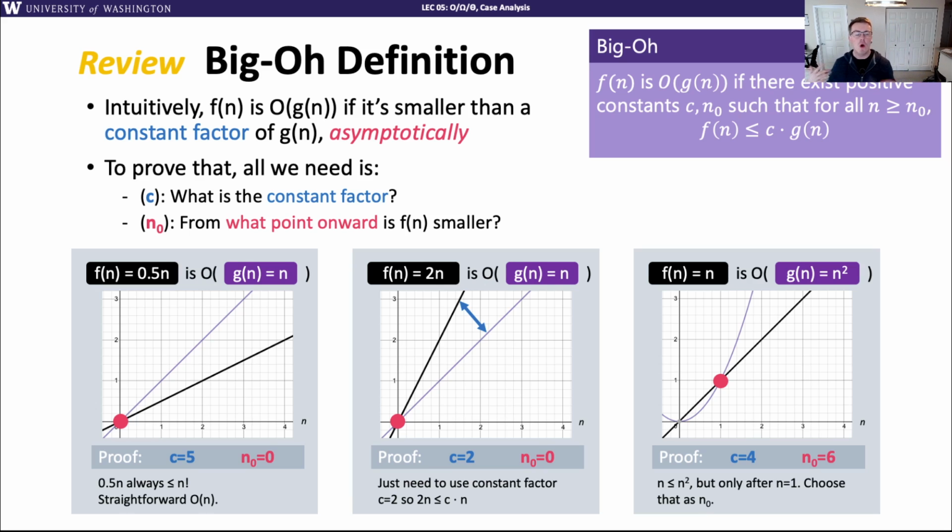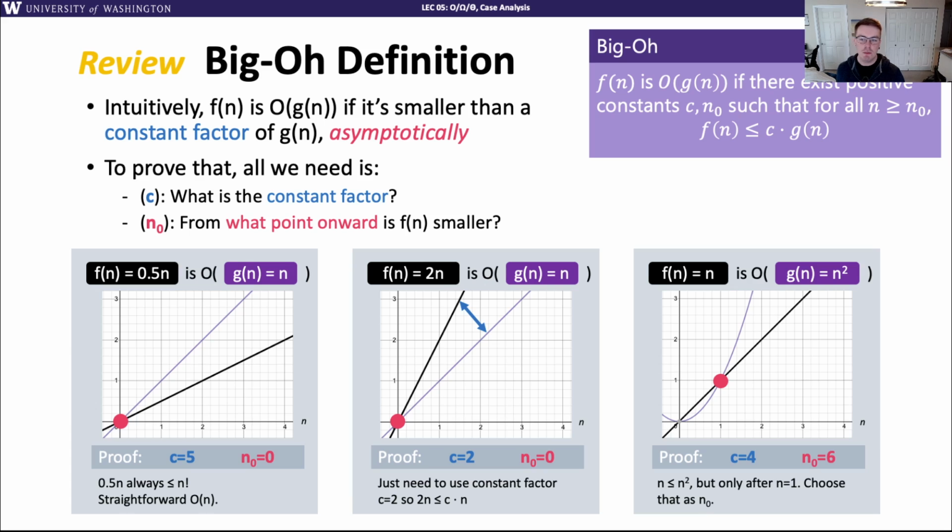And so whenever you want to do a proof, and remember, we're not going to ask you to do these proofs, but it's good to understand what the proof entails. You always just need to choose this constant c and this constant n naught to show that f is less than or equal to c times g of n for all n greater than n naught. Always a mouthful. So for example, I've shown you 3 mini proofs here. Suppose the function you're looking at is 0.5n, and you want to show that's big O of g of n.